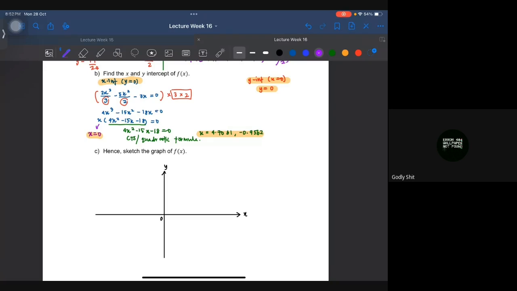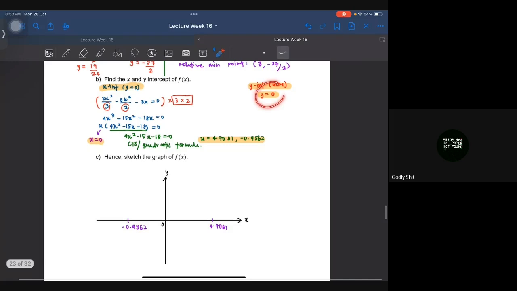Okay, and then second value of x kita dia ada 4.7061. Saya label dekat sini. Okay, and then we have negative 0.9562 somewhere over here. Okay, lebih kurang. Okay, and then y-intercept sama jugalah dekat sini juga.